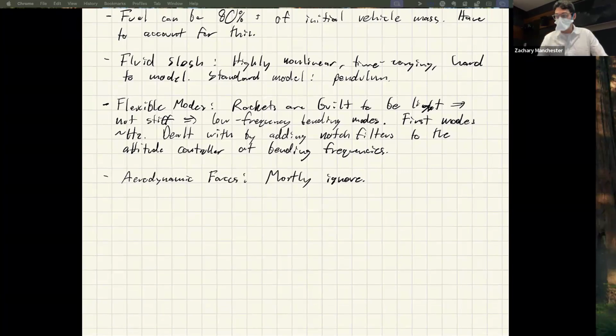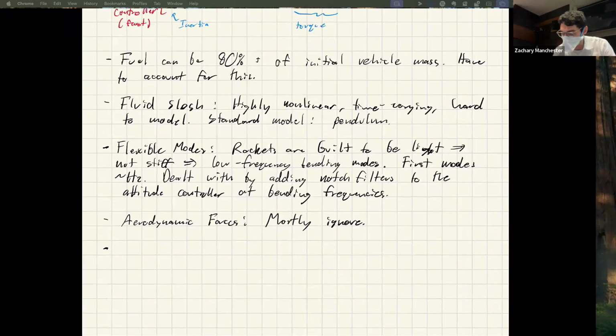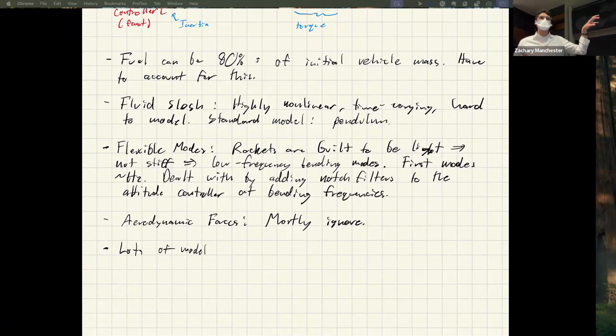And then basically in all of these, all the stuff I just wrote down, right? Fluid slosh, flexible modes, aerodynamics. These are all things that we're not modeling, or we're doing a really poor job of modeling, and they're highly uncertain and time varying. And so what ends up happening here is there's always lots of model uncertainty. And what is standard practice in this game is to use linear robust control ideas to try to bound these errors in the models.